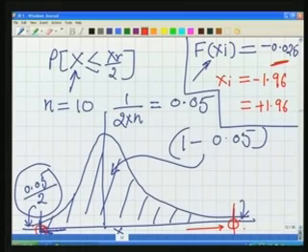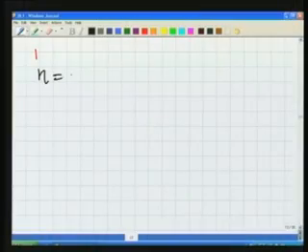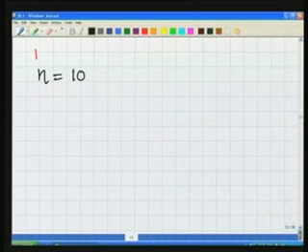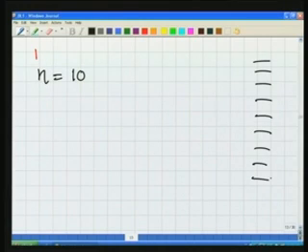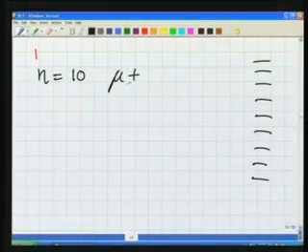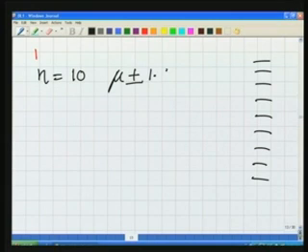So, what does our rule say? Now, if n is equal to 10, as in this case, our rule says from our set of observations, reject all those observations which have variation, if I am writing mean by this, plus minus 1.96 sigma.